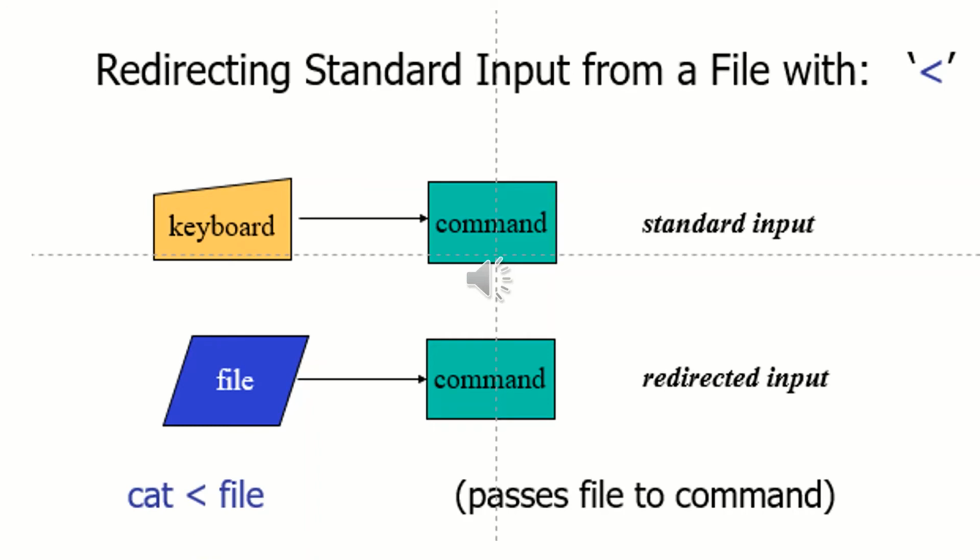Then the content of a file is transferred to a command; this is called redirected input. For example, cat less than a file name passes the command so that it displays the content of the specified file.